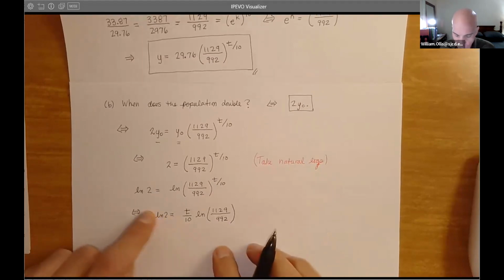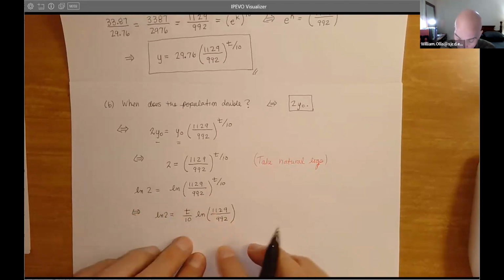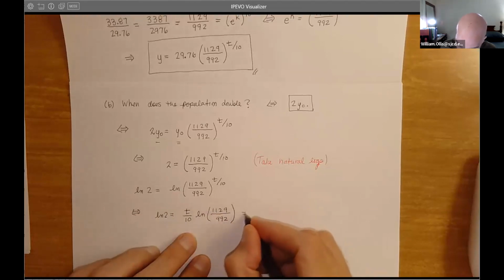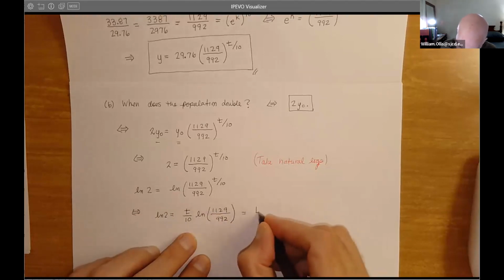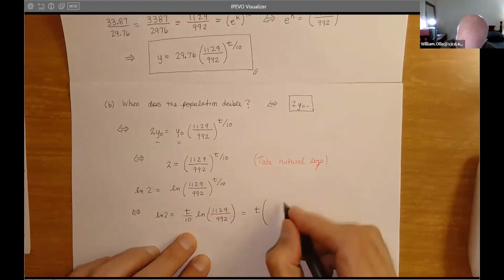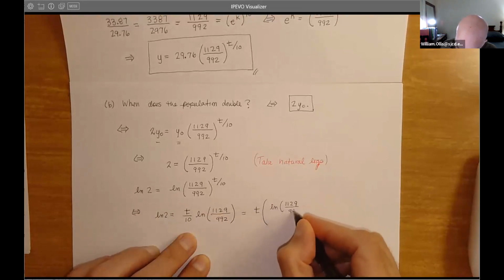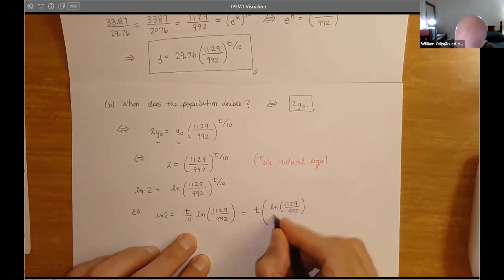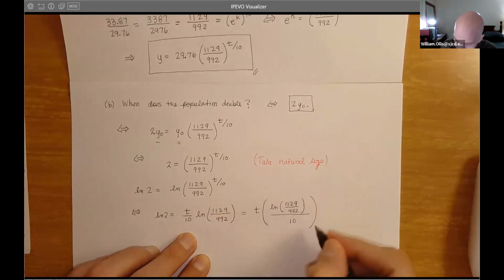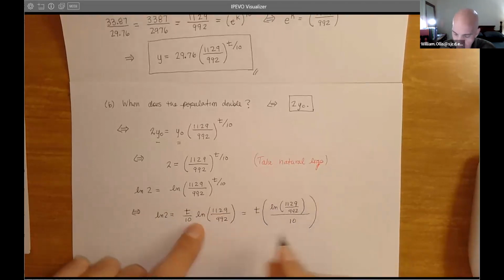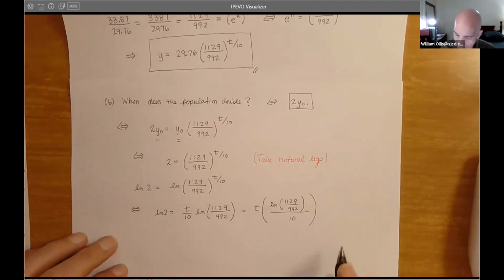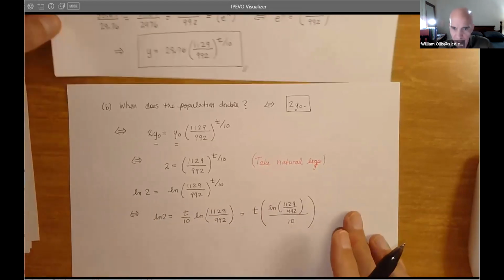We can just cross multiply by the 10 here and then divide by the logarithm term to solve for t. So you can write it this way so it's kind of easy to see: t times the natural log term, 1129 over 992, divided by 10. And so you're basically just flipping this number. If you write it this way, it's a little bit easier to see the algebra because the logarithms get a little bit long.